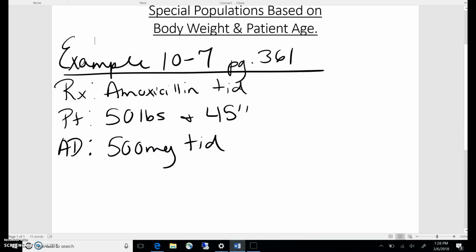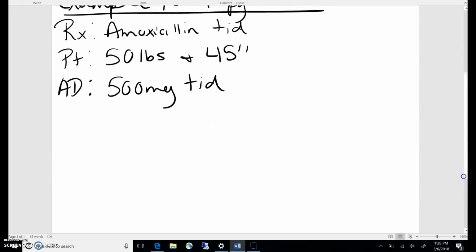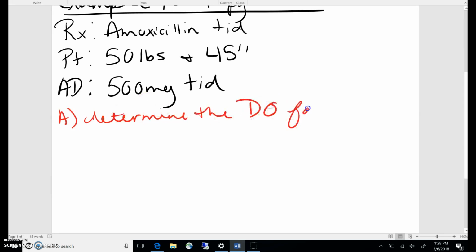So the first question that it asks of you, question A, before I even do that, let's first determine the dose order for the child.